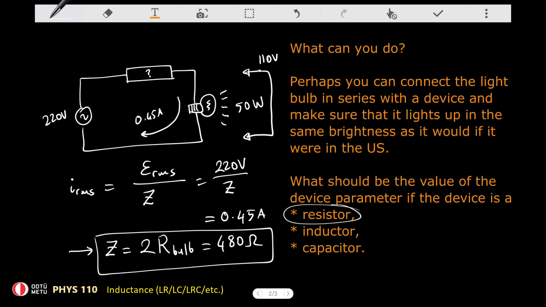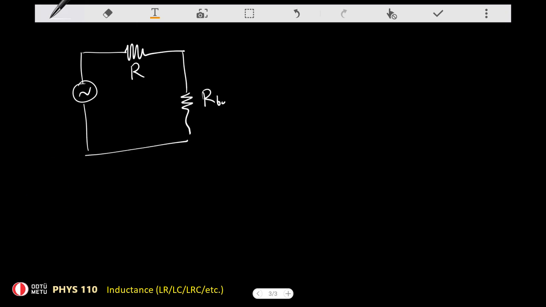I'll start with the scenario where I connect a resistor. This is the first situation. There is an unknown resistor that I should place in here. The light bulb can be expressed as a resistor too, so the impedance of that circuit is just the sum of the resistances.